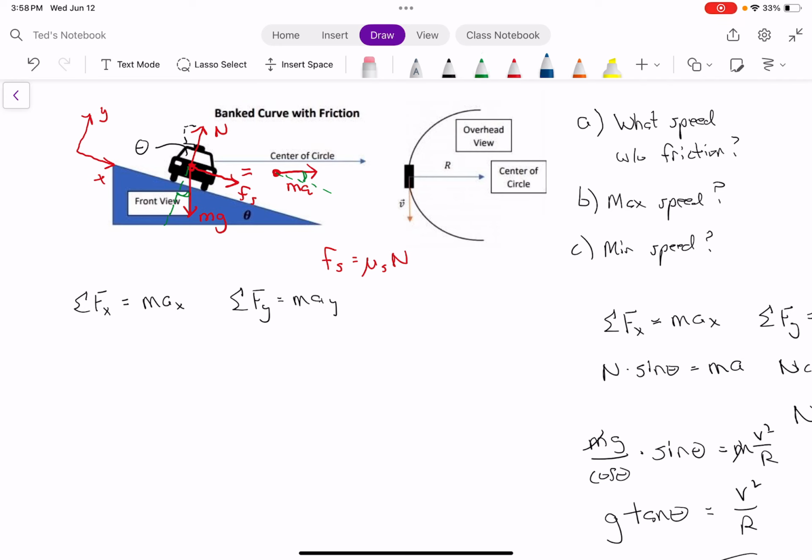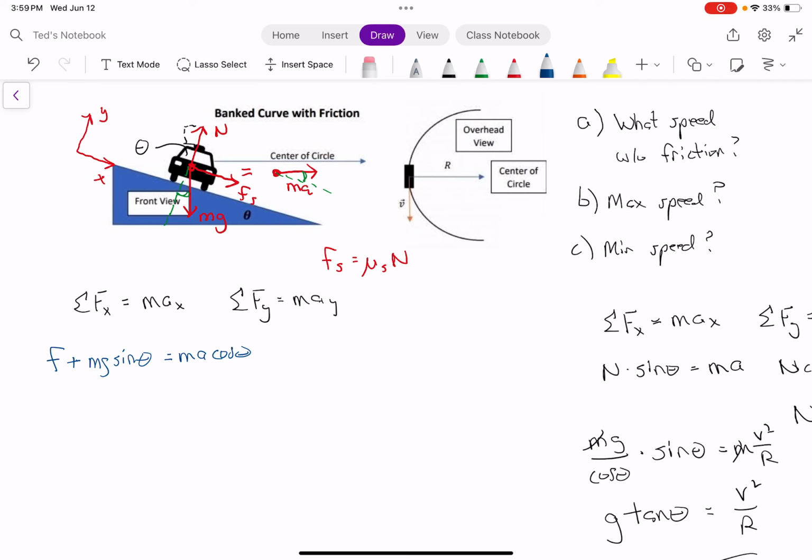All right, so when I add up all the forces in the x direction, I get the friction force is now completely in the x direction, and mg sine theta also points in the x direction, and that's equal to ma cosine theta, because the acceleration has a component that points in the x direction, but not the whole thing points in the x direction.